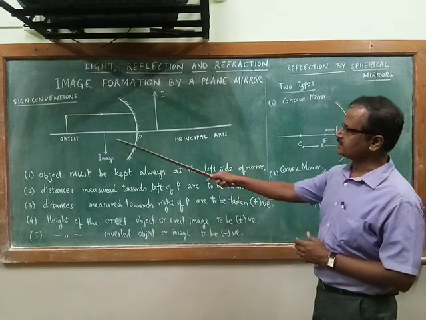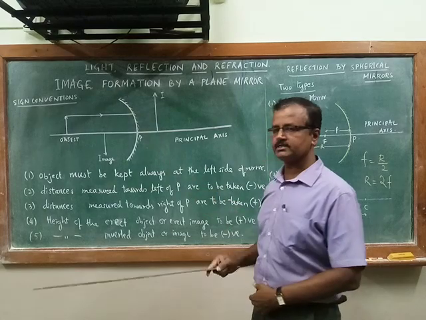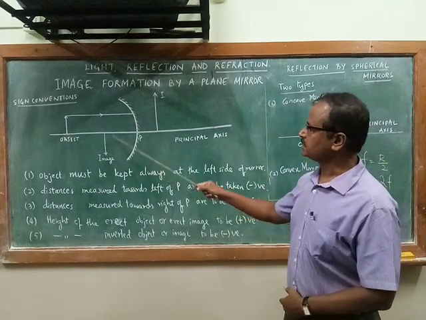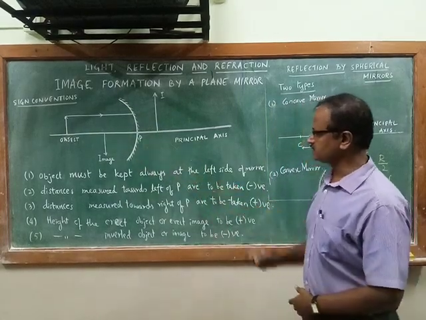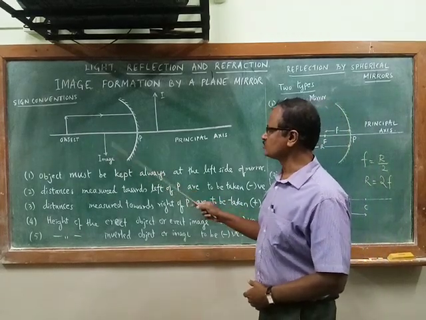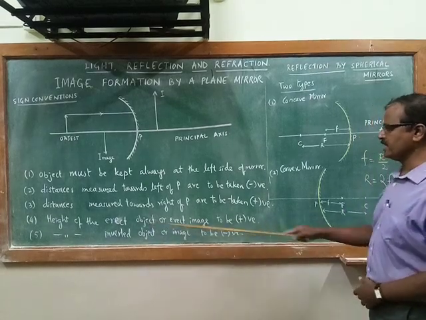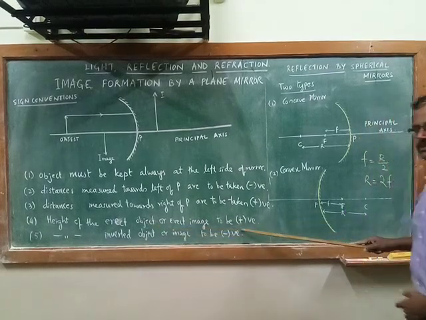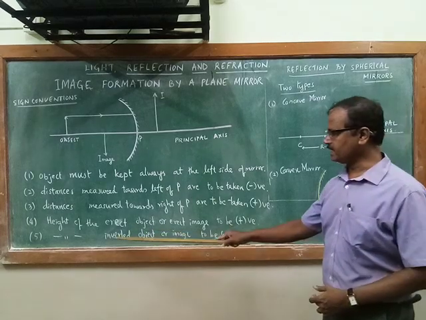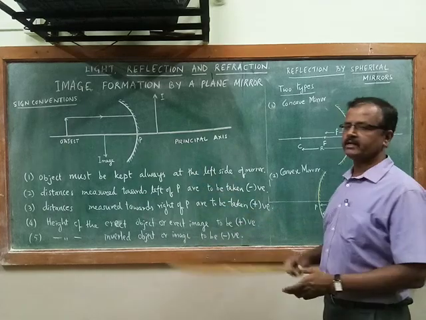If the image is inverted, look at this. If a real image is formed and it is inverted, then it lies along the negative y-axis. Therefore, the heights of inverted images will be measured as negative. So the height of an erect object or erect image will be positive, and the height of an inverted object or inverted image will be negative.